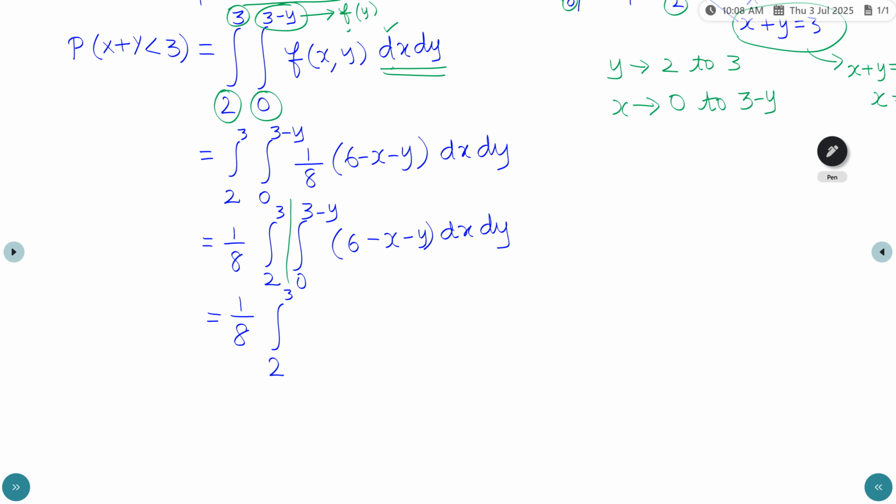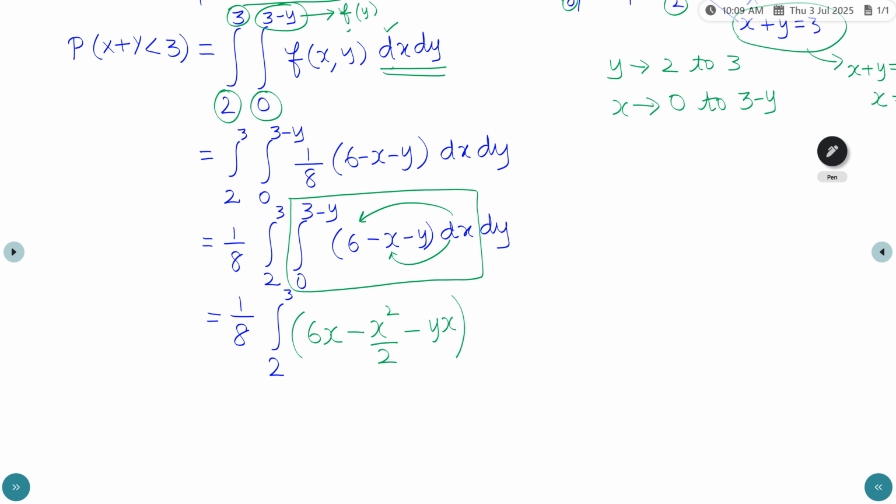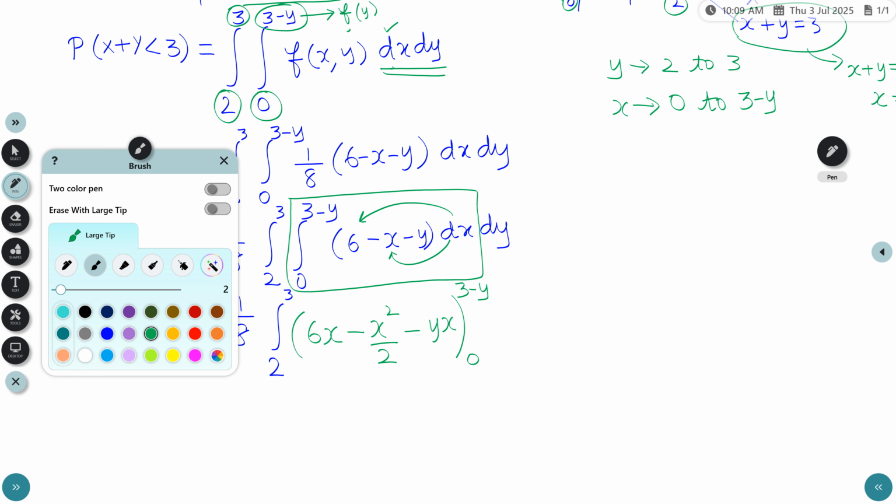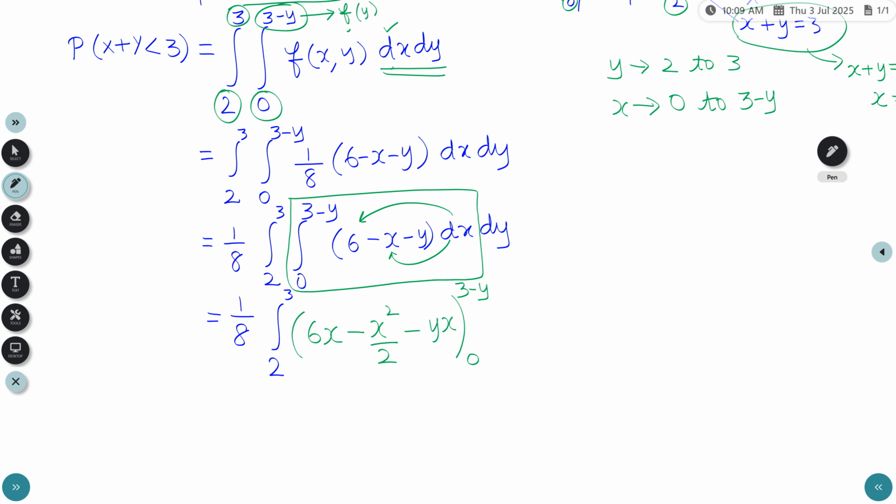So integration with respect to x: 6x minus x square by 2 minus yx, upper limit 3 minus y, lower limit 0, into dy.